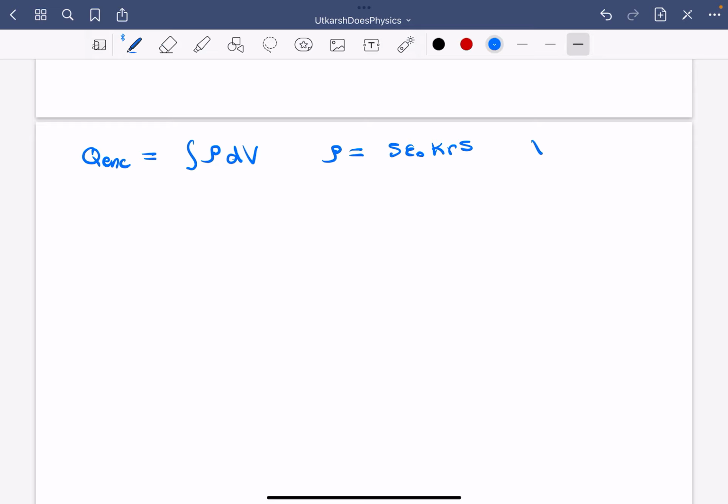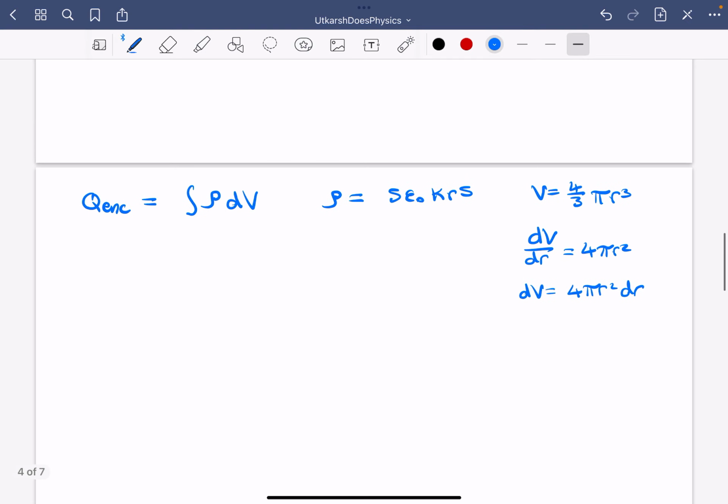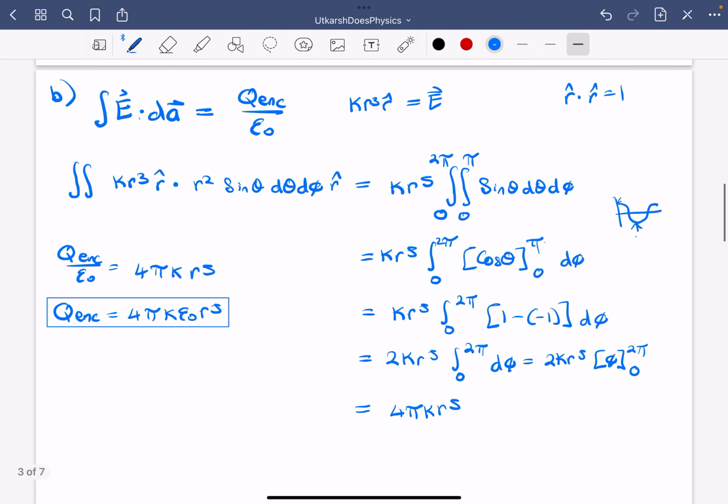So V is equal to 4 over 3 pi r cubed. And then we take the differential, which is basically just taking the derivative with respect to r. dV over dr is equal to 4 pi r squared. Therefore, dV is equal to 4 pi r squared dr. Notice we could actually do the same thing for the question above.